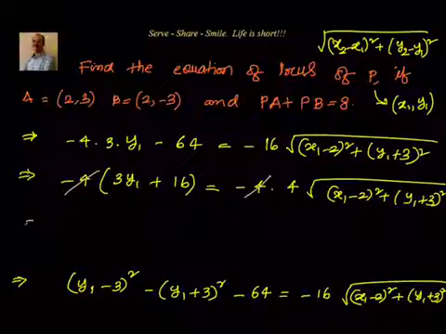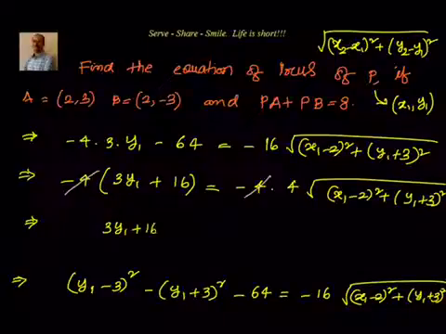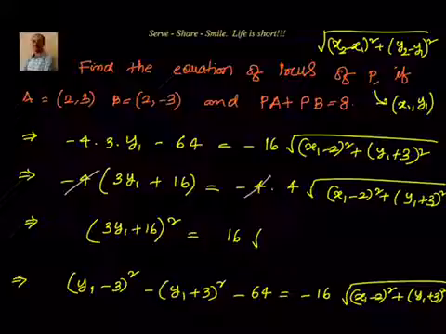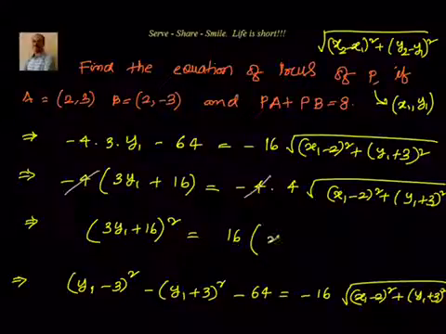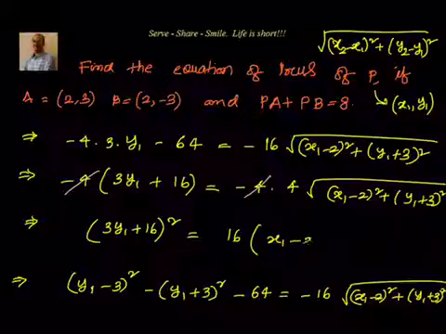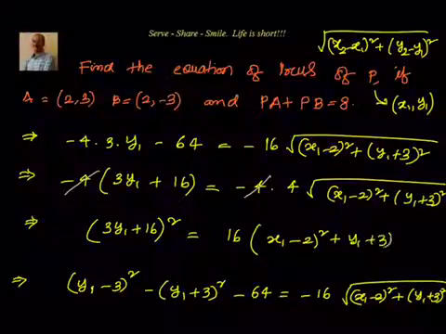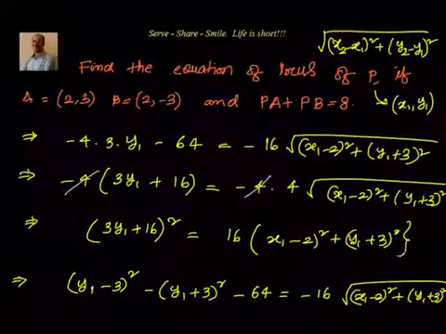So we'll have next step (3y1 plus 16) whole square is equal to 16 into the square root will go away now. So we'll have square root 16 into (x1 minus 2) whole square plus (y1 plus 3) whole square.